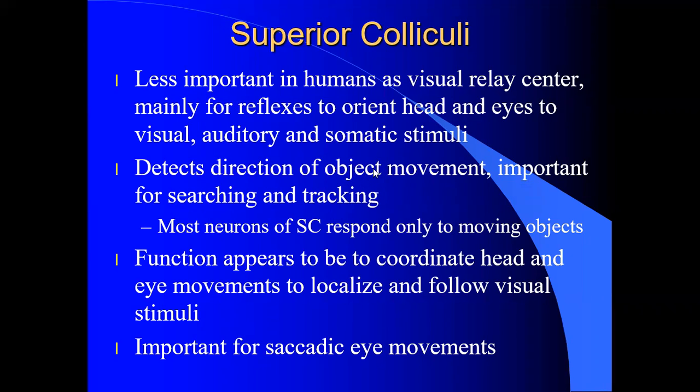If there's a single thing that really seems to run through them, it is that they are for detecting objects in motion. Now, this is really interesting because when we get up into the visual system, you're going to see in the higher cortical centers, vision separates into a spatial orientation and an object recognition. And the dorsal portion, which is going to interact with the somatosensory cortex up in the parietal lobe, that's going to be for localization, all right?